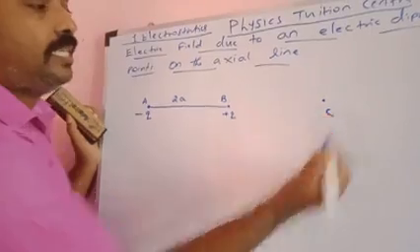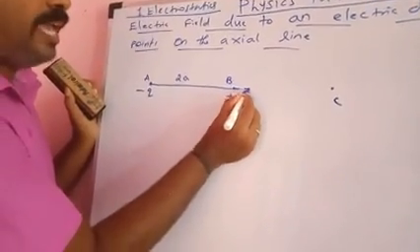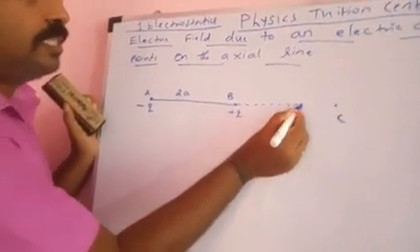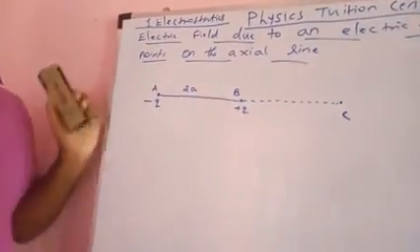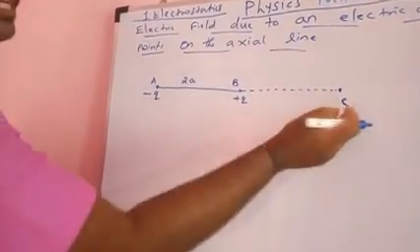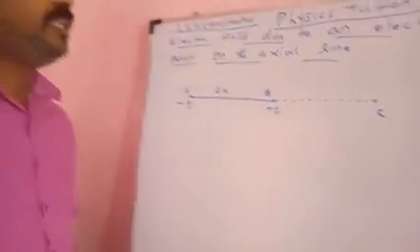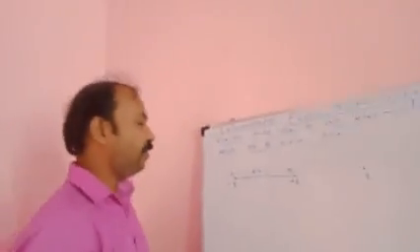Consider a point C which is situated along the axis of this electric dipole.